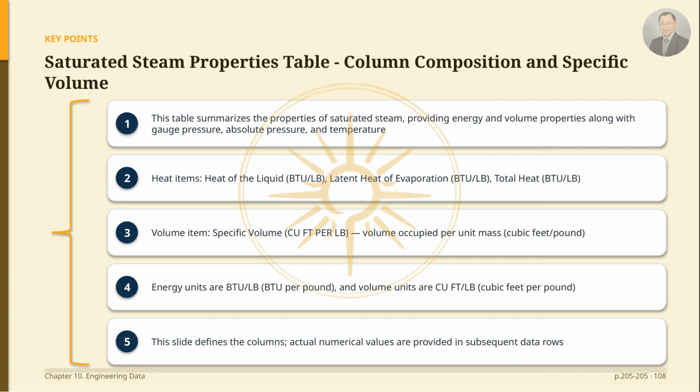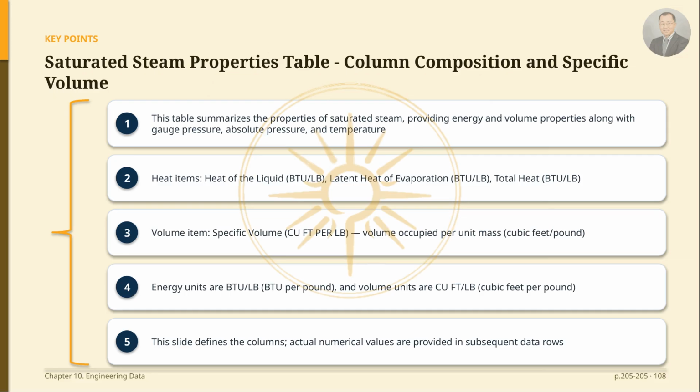I'd like to introduce the center column configuration of the saturated steam properties table. This table gathers and organizes the pressure, temperature, energy, and volume-related properties of steam when it is in a saturated state. For the energy items, the heat of the liquid is shown in BTU per pound, and the latent heat of evaporation and total heat are also presented in the same BTU per pound unit.